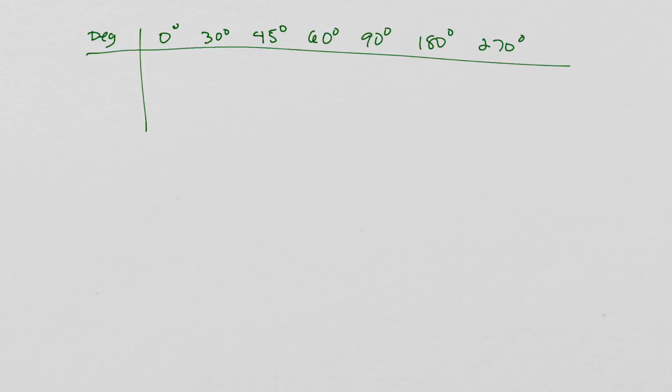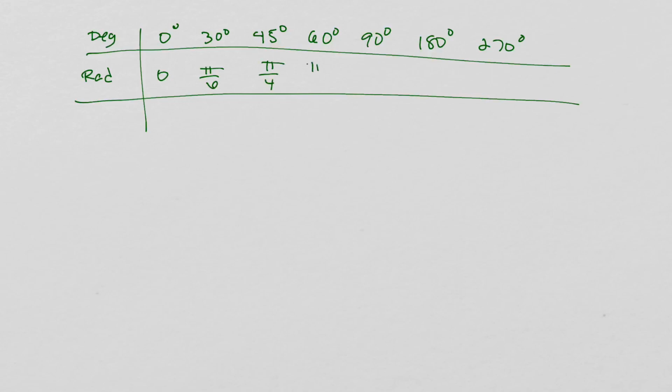And then have a radian measure of 0, pi over 6, pi over 4, pi over 3, pi over 2, pi, and 3 pi over 2. And then think about what all of these cosine values are going to be.